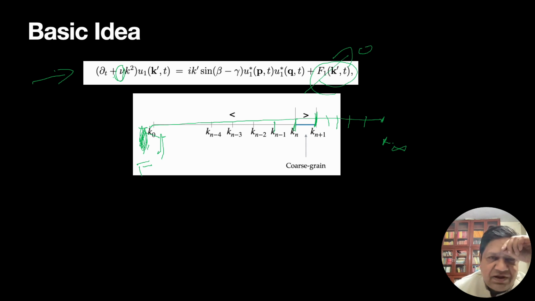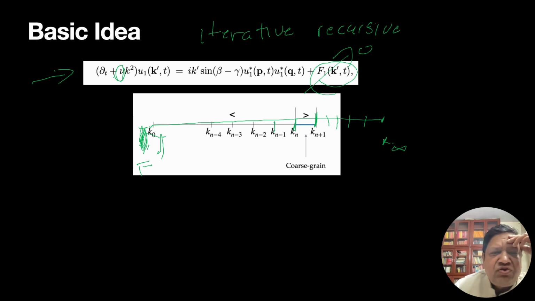So we are going to use an iterative, or recursive, procedure. We'll assume that I am here. I have already done some work so that I can get the effective viscosity at this scale, and that is nu n plus 1. We will fix k, so that's nu n plus 1 times k squared.